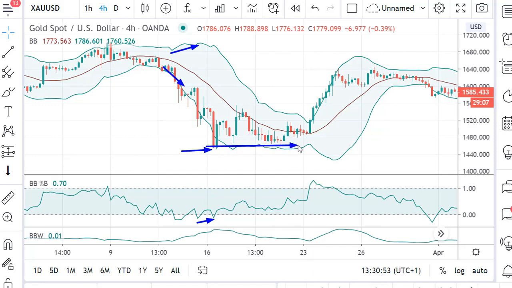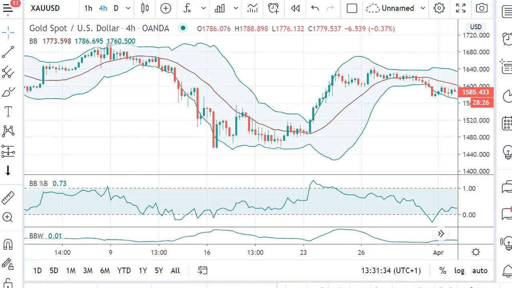And then we have a similar bottom here. This would normally just be called a double bottom, but look at here. We have the divergence where here we end outside the lower Bollinger Band. Here we cannot even touch the lower Bollinger Band. We get the squeeze here, and then we get the expansion of the Bollinger Bands, telling us that this is probably going to be a move that lasts for a while.